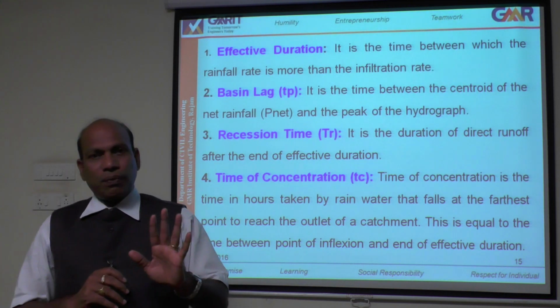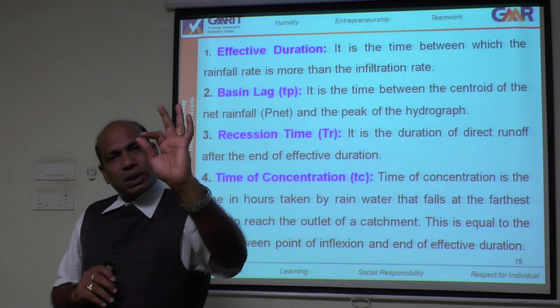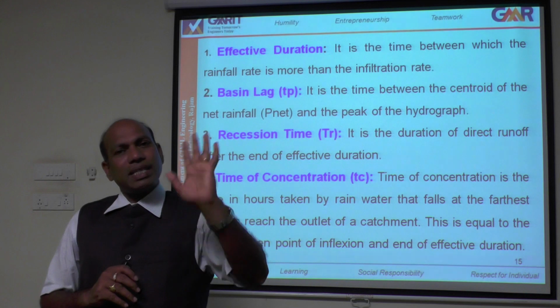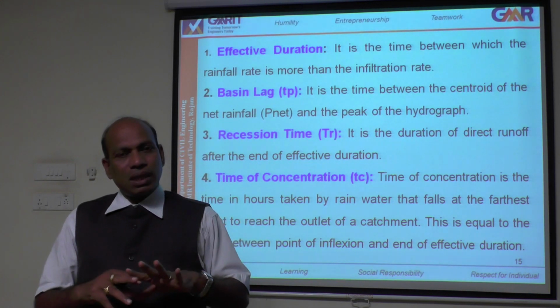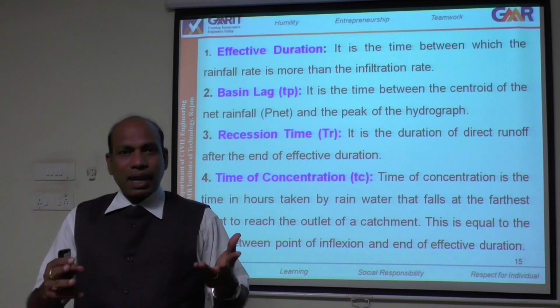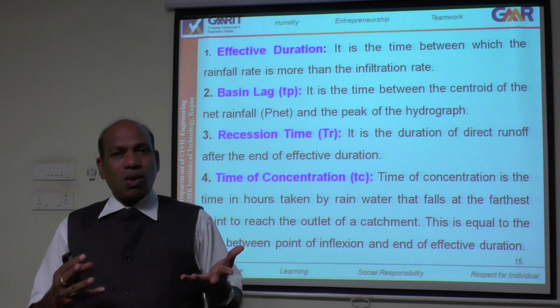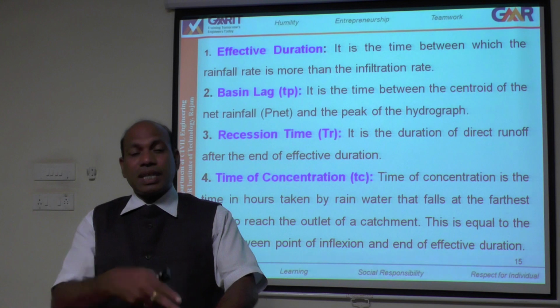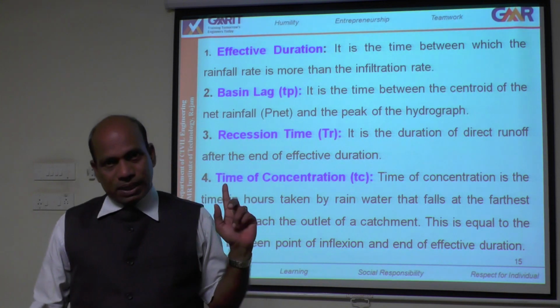For example, if the infiltration capacity of the soil is 10 mm per hour and the rainfall intensity is 8 mm per hour, there is no runoff, because the total quantity of water enters into the ground, since the rainfall intensity is less than the infiltration capacity.